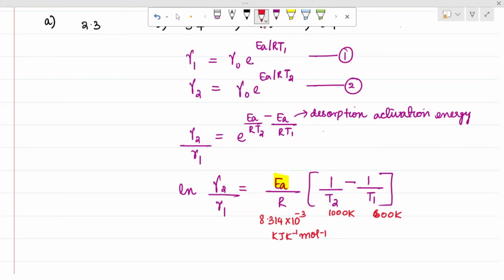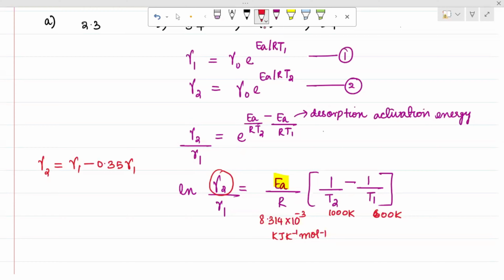Already they have given that gamma 2, which is the residence time at 1000, is 35% shorter than that at 600. So what does it mean? It means that gamma 2 is equal to, initially it was gamma 1, and then when the temperature got increased, it reduced by 35%.